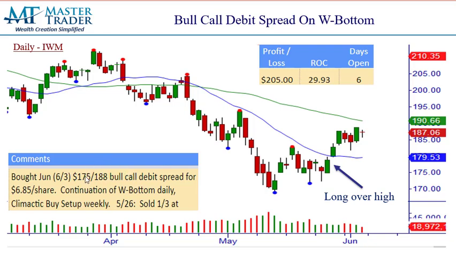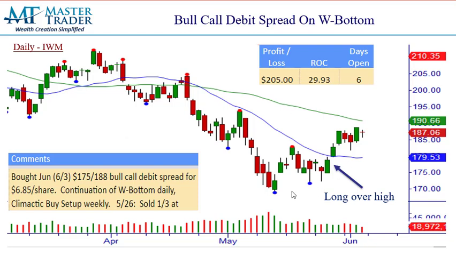So we bought the 175 in-the-money calls, and we do that because it gives us the proper delta. It's a nice trade-off. We like 80 delta or higher, because that means as the underlying goes up $1, we make 80 cents, which is the delta. It's a good trade-off between the amount of money you're going to make and time decay.